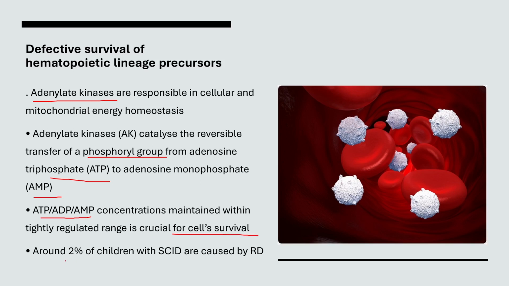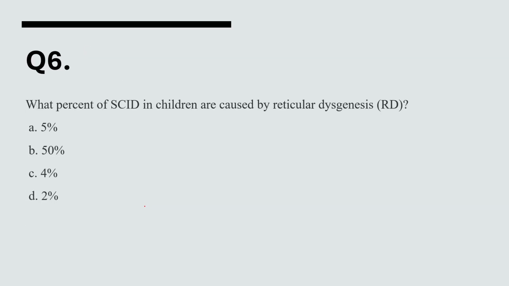Around 2% of children with SCID are caused by RD. So here is your answer: what percent of SCID in children are caused by reticular dysgenesis? Your answer is 2%.